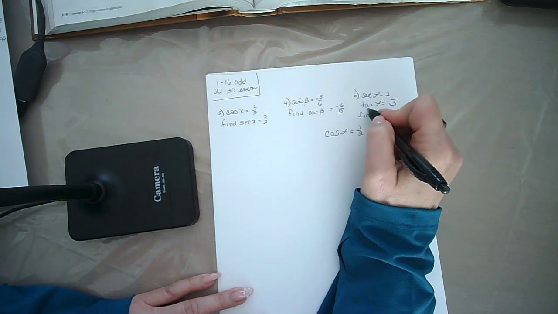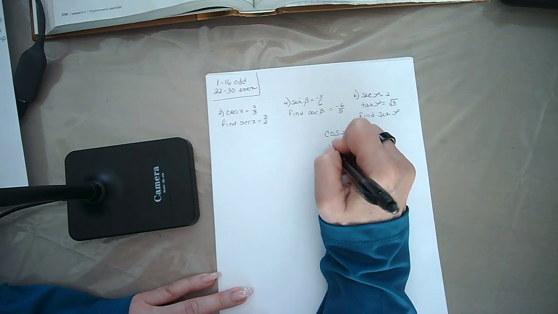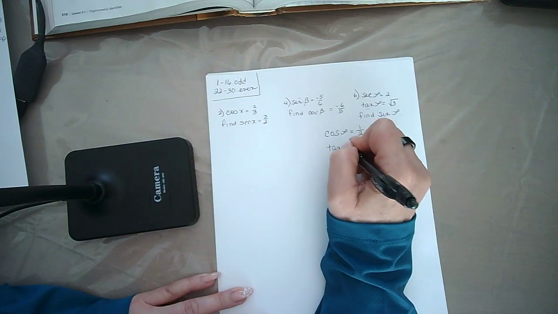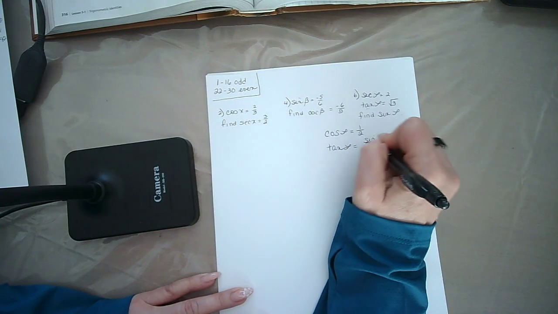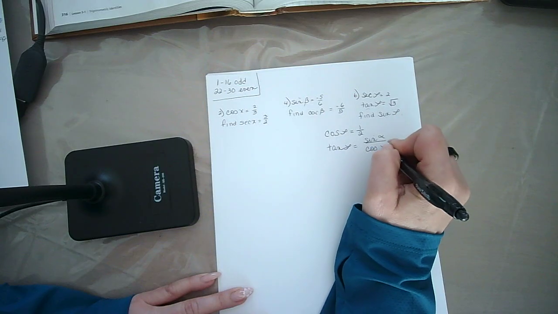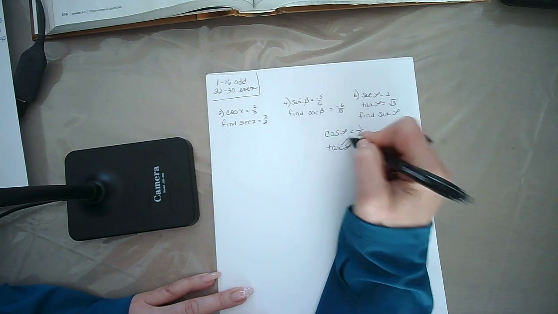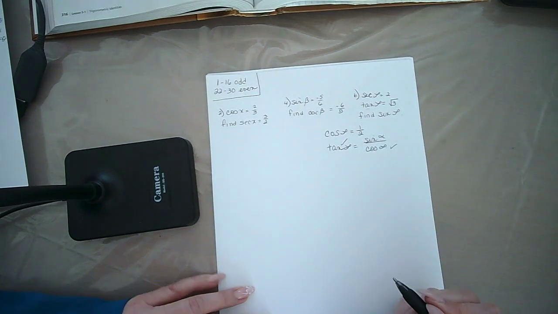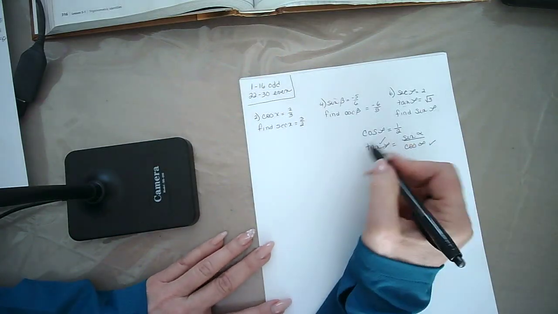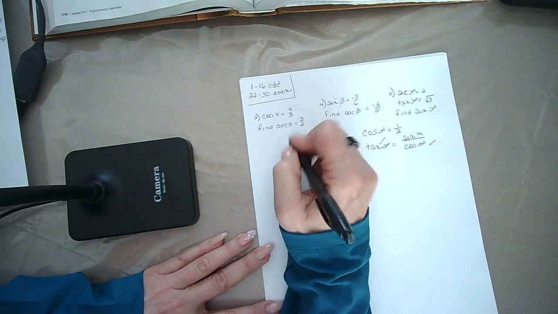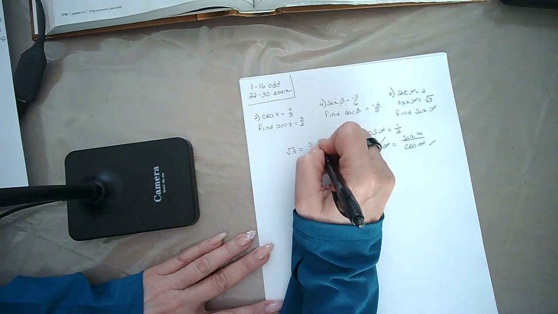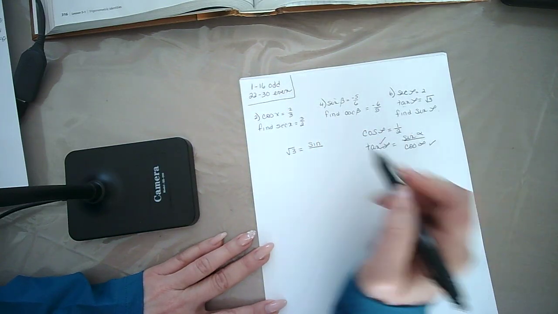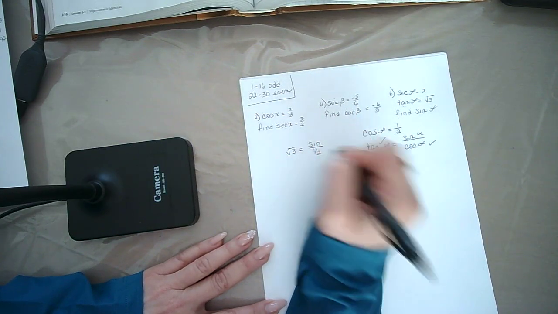Well, I know based on the quotient identities that tangent is equal to sine over cosine. So look what I have: I have the tangent, I have the cosine, I could figure out the sine. Let me substitute in the values I have. Tangent is radical 3 equals sine, which I still don't know, over cosine, which is 1/2.